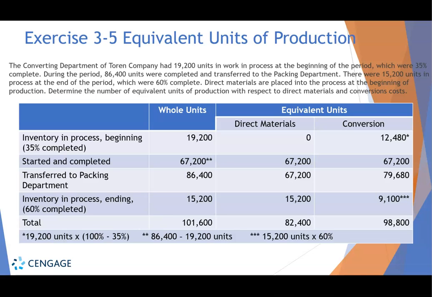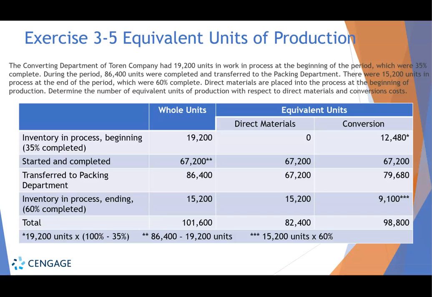At the end of the period, the inventory that was in process was 15,200 units. In terms of materials, the entire 100%, 15,200 units, were added. During the month, they were 60% completed in terms of conversion costs.